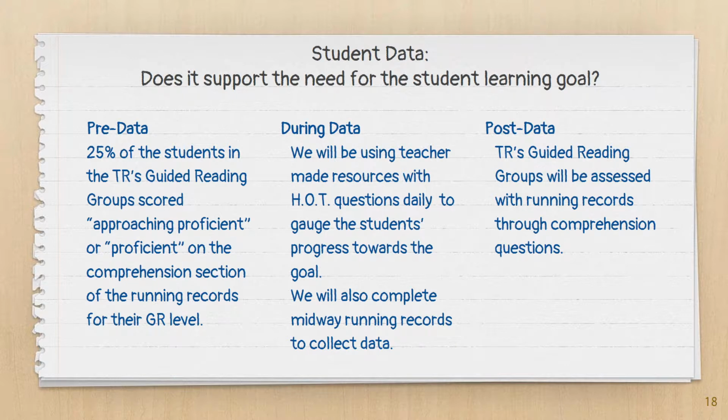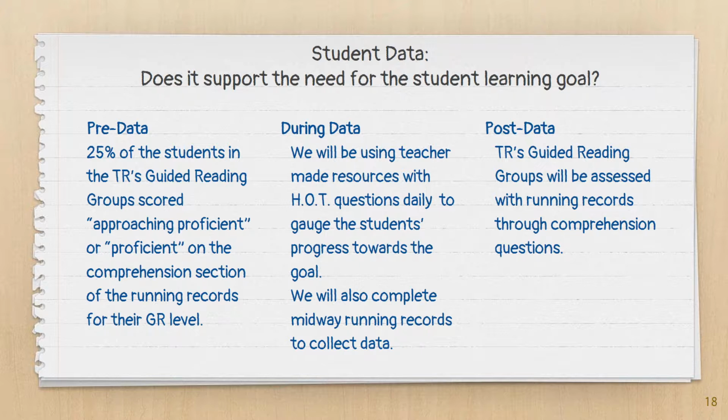So we are going to have 3 major data points with some checkups within. The pre-data was based on the running records that we already had completed for the students, and the area that we noticed that they were low is the comprehension sections. They were doing great on the accuracy and the fluency, but then we would get to the comprehension and they could only answer partial sections. So that's the pre-data.